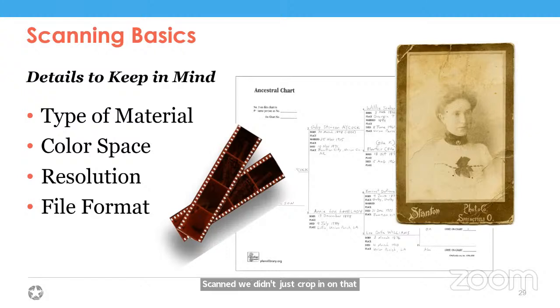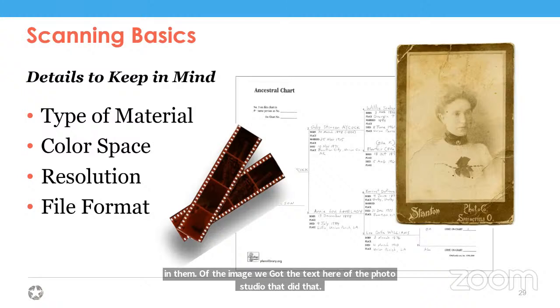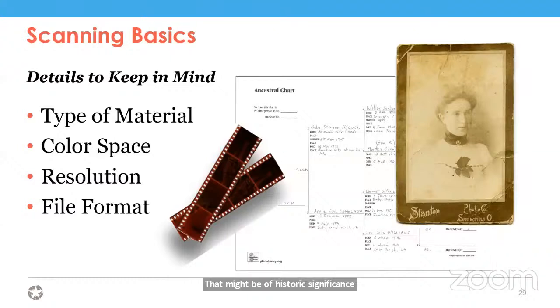We got the text here of the photo studio that did that. That might be of historic significance to helping you find and research something about your ancestor or the family member depicted in the photo. Try to keep the tones normal in the same colors and tone range. All of those are important.